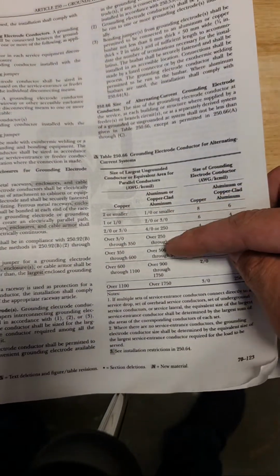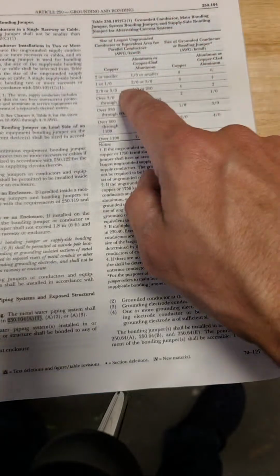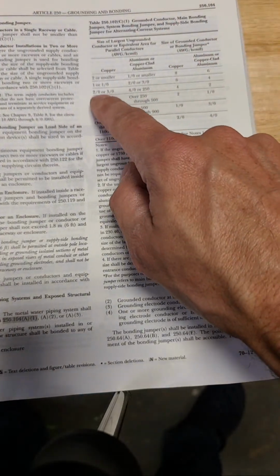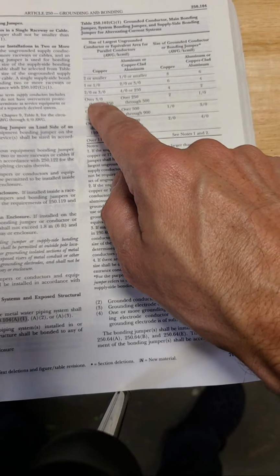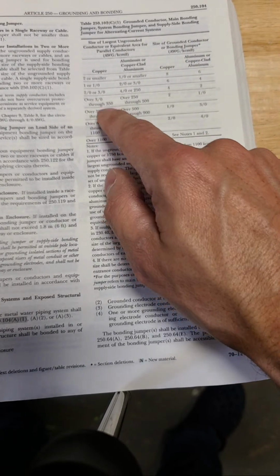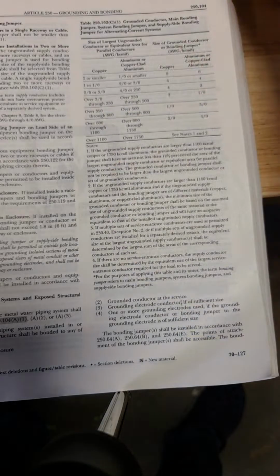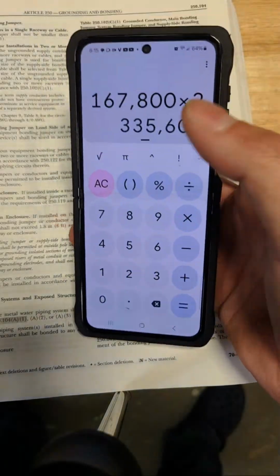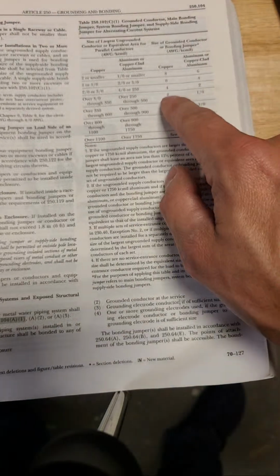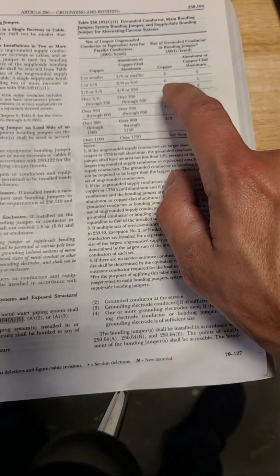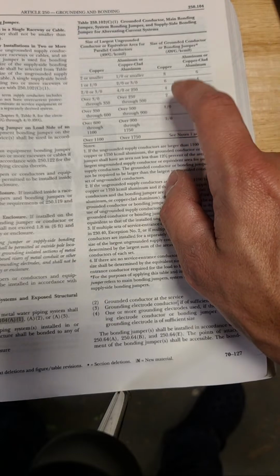This would be how you size your electrode. This would be how you size your jumper. It's pretty much the same thing. We're going to see here that we have over 3/0 through 350, because we're 335 KC mil. We're almost 350 KC mil right there. So you see it's a number 2 for the jumper.